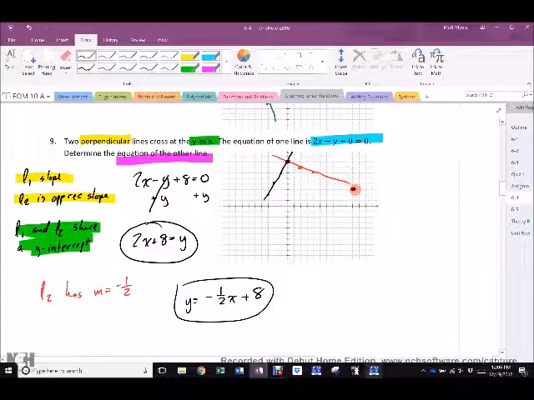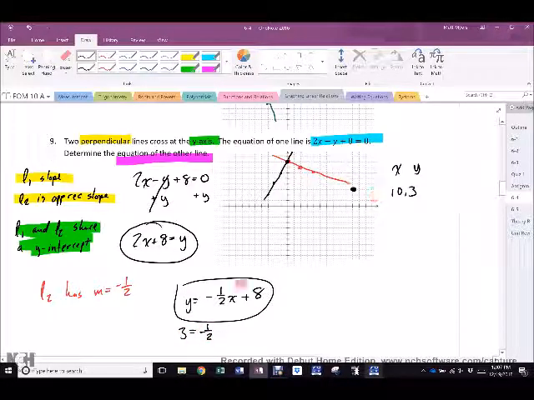Could I put that point, which is 10, 3, into this equation? Could I? Is that an x? Is that a y? So what would I do? What would I write right there? 3.